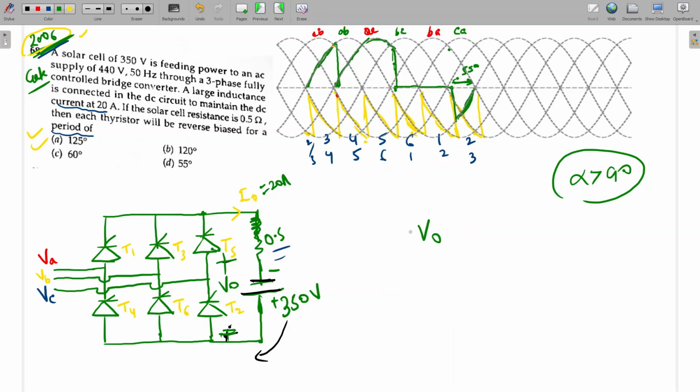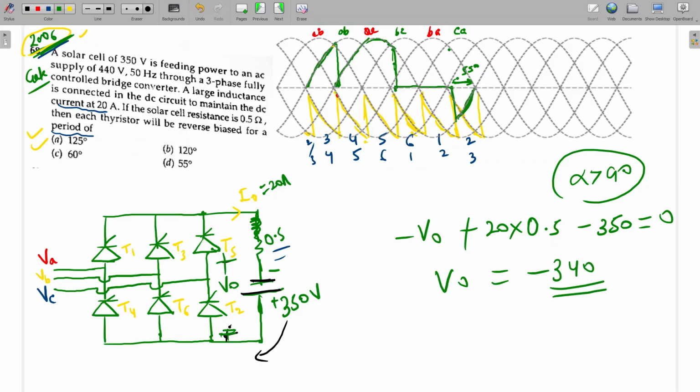So V naught plus 20 into 0.5 minus 350 is equal to 0. So V naught is equal to minus 340. Is it correct? Can anyone see this equation? Yes, sir. Minus 340.